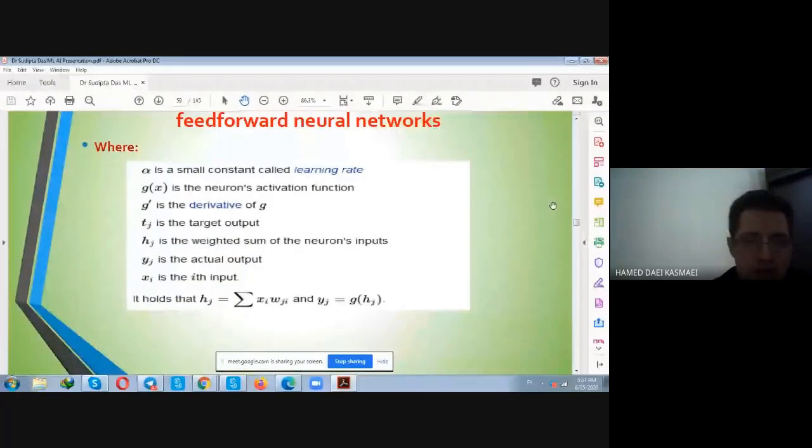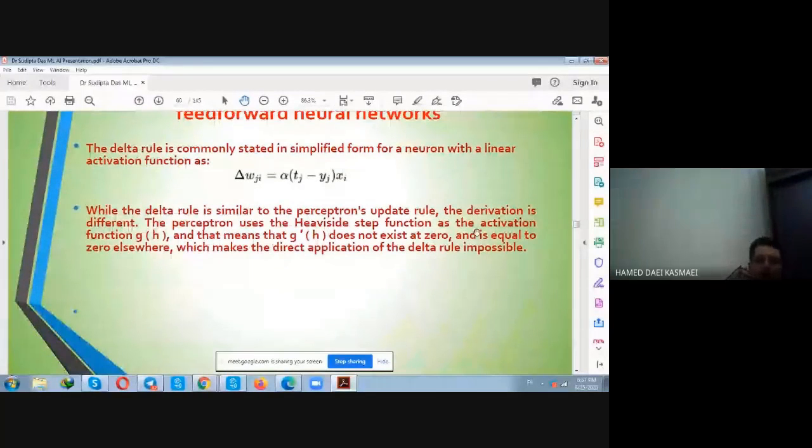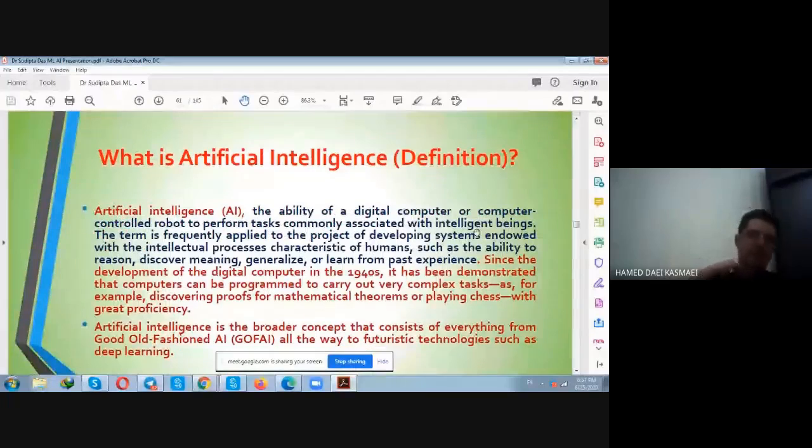So you will see the delta rule again here. Let me go further. We want to consider the general concept of neural networks. So artificial intelligence is very important.